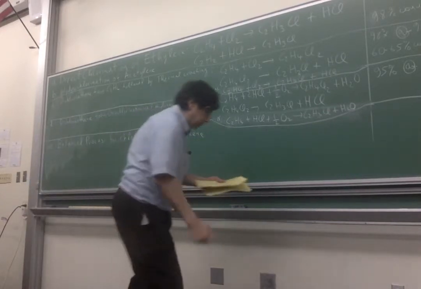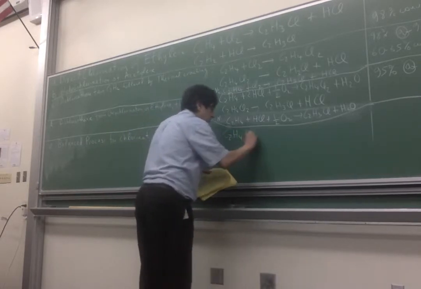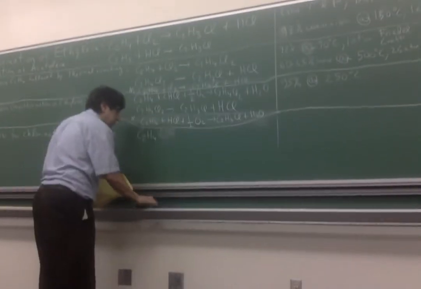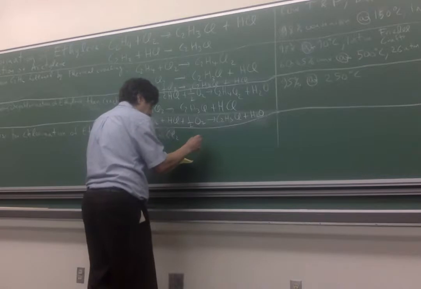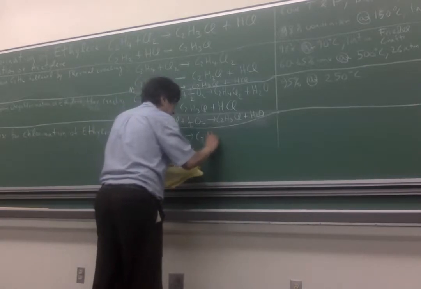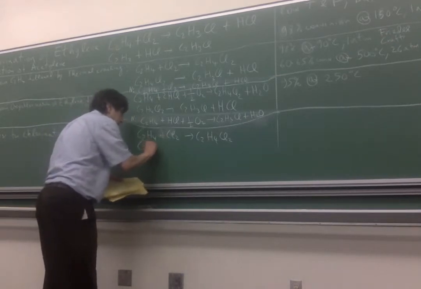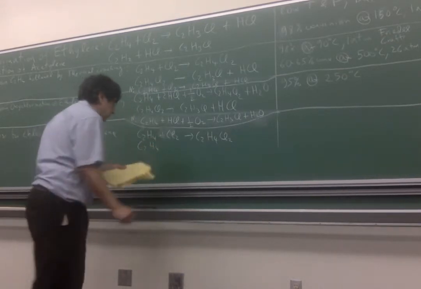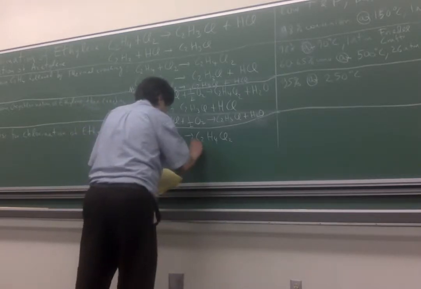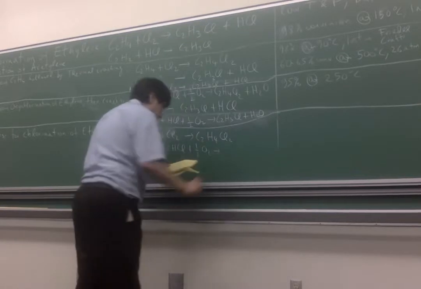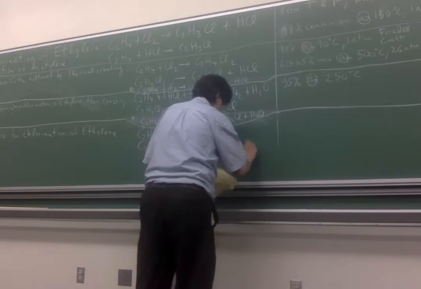So basically, what we're talking about here is using ethylene with chlorine to make dichloroethane, using also ethylene balanced with HCl to make more dichloroethane plus water.